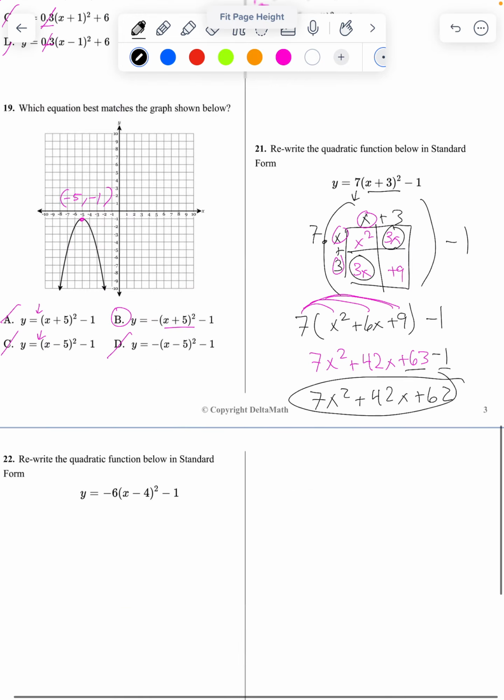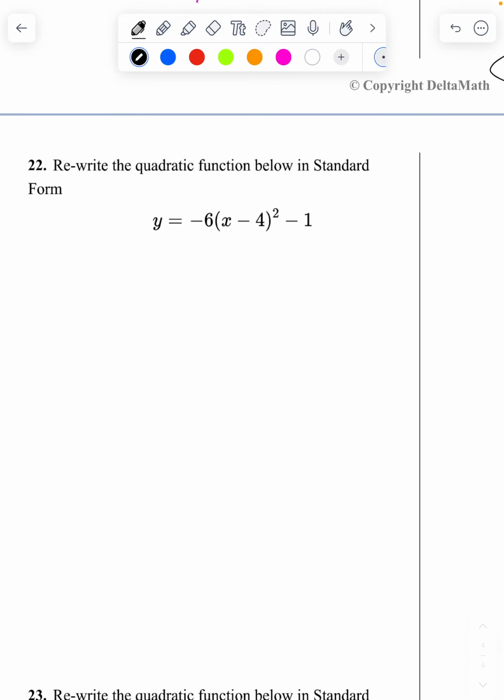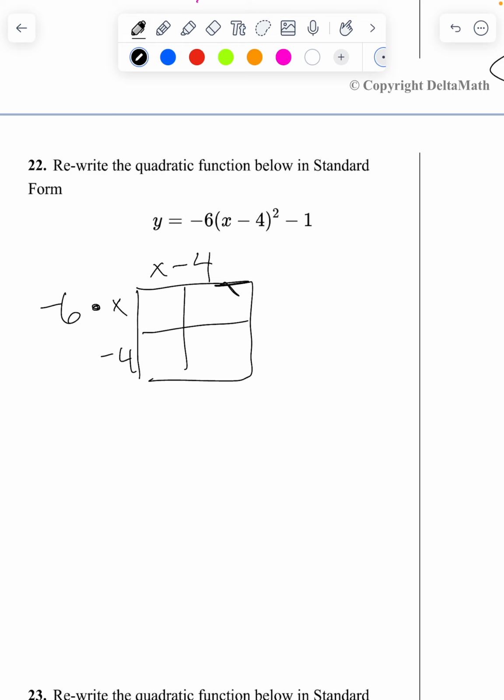So last problem right here. Oh no, I got 2 more. We're going to do the same thing here. So I'm going to do negative 6 and then x minus 4 squared. I'm going to write that as x minus 4 times x minus 4. And then at the end, I got to do the minus 1.